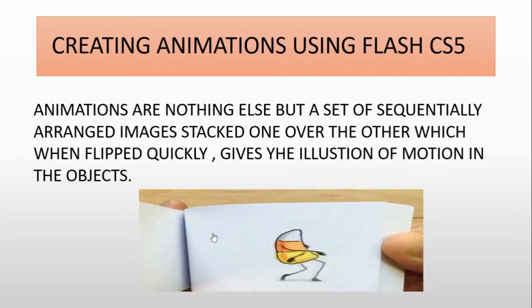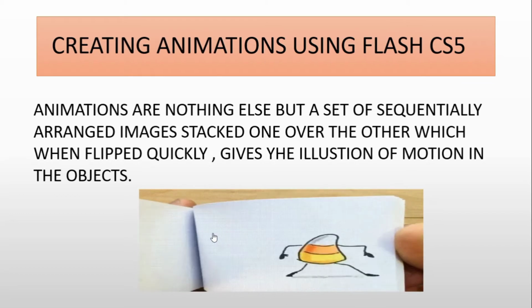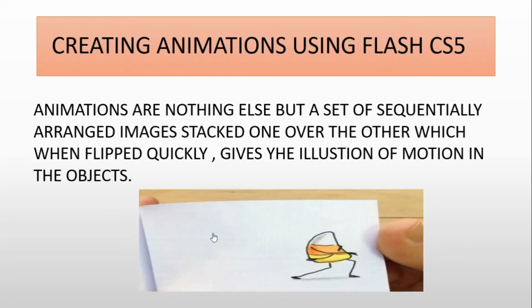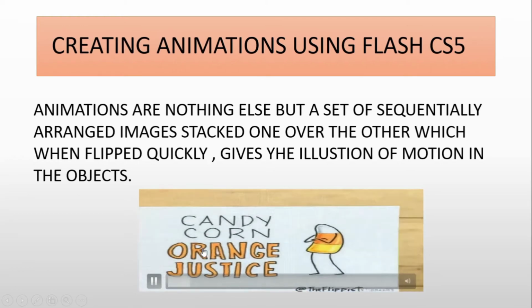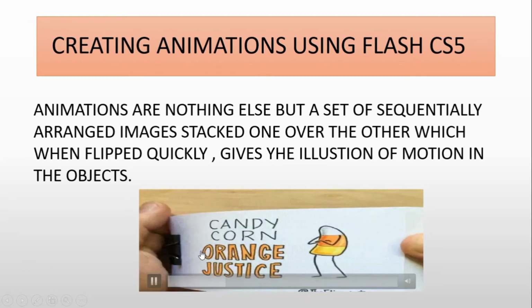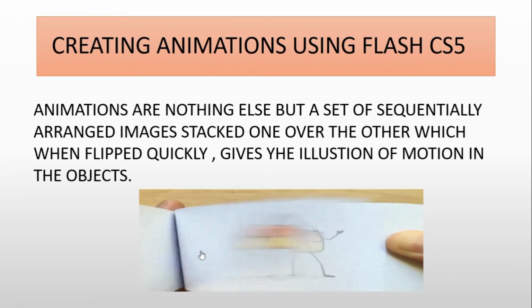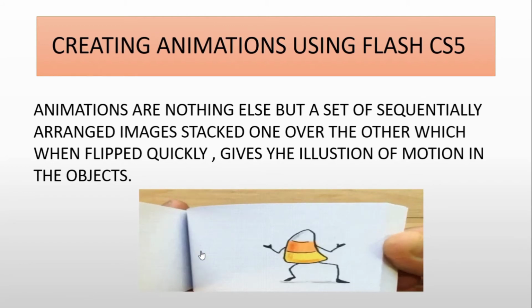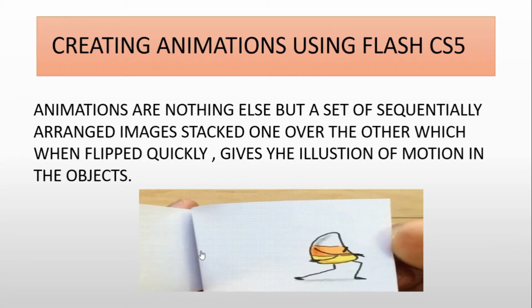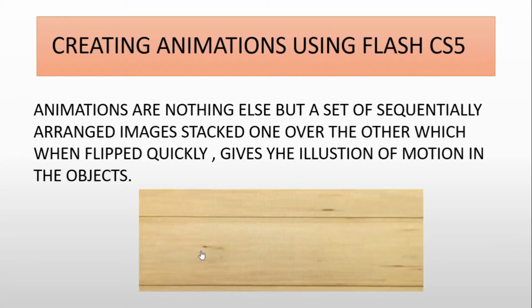When these images are changed on the screen very quickly, at the rate of 15 to 30 images per second, it gives the impression of motion. So let's learn how Flash helps us to create an animation. Before learning how to create animation, we have to learn the main components of the Flash screen.